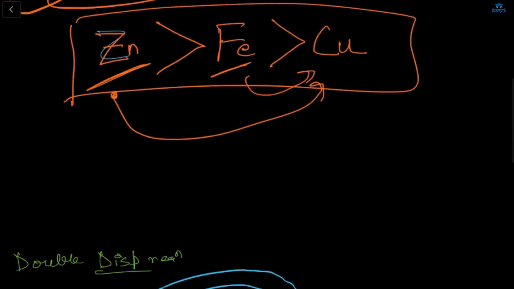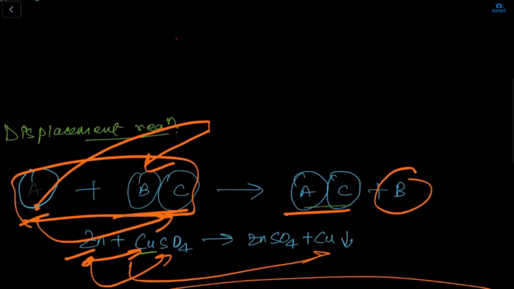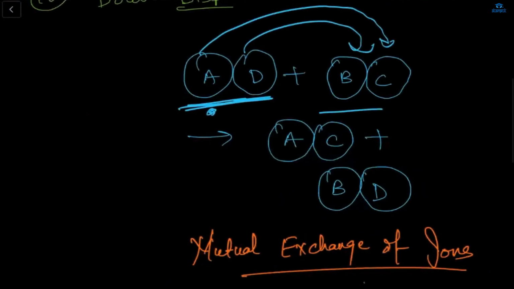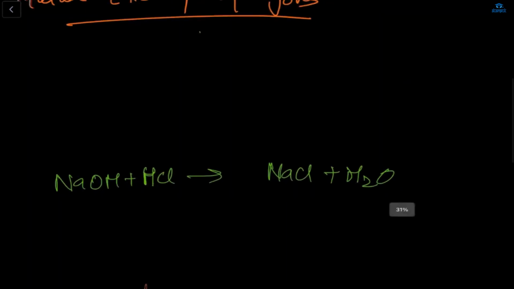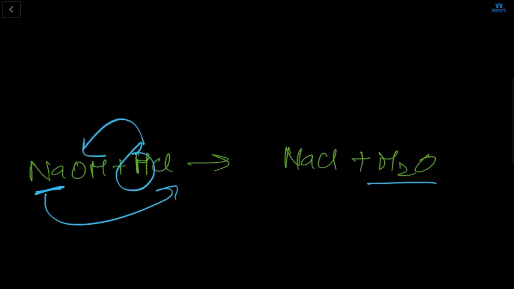Like here, the single displacement is happening, A is displacing only B, but here A is getting combined with C and D is getting combined with B. So this is a double displacement reaction. Like this is an example of a double displacement reaction: NaOH and hydrochloric acid, where Na combines with Cl and the other part is there with water. So this is a double displacement reaction.